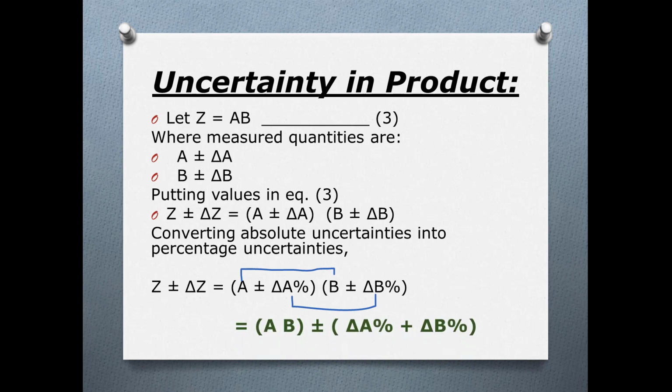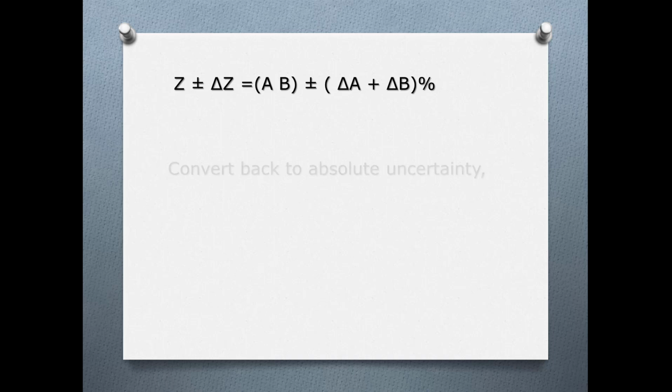So our result will become A into B plus minus percentage uncertainty in A plus percentage uncertainty in B. So percentage uncertainties are always added. Okay, so Z plus minus delta Z is equal to AB plus minus delta A plus delta B percent.